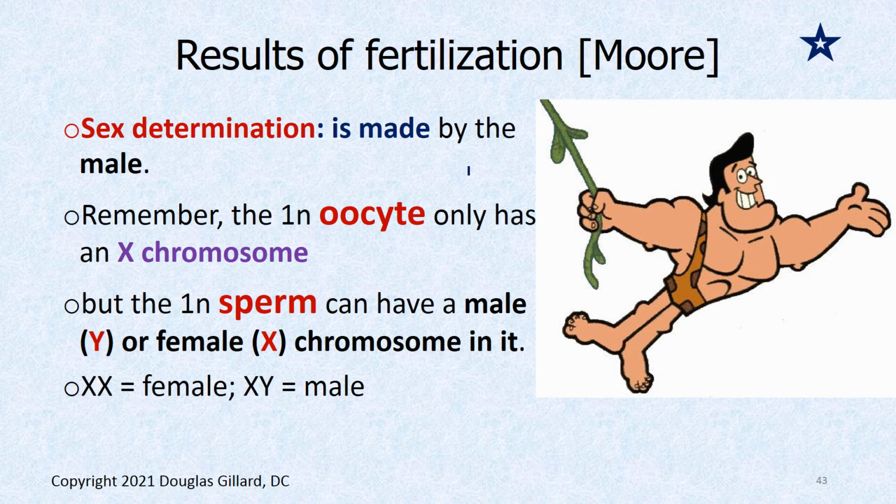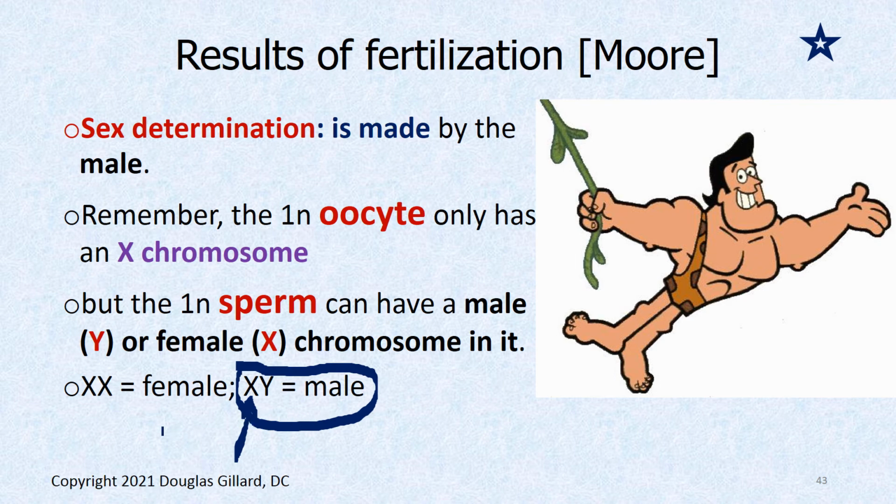Anyway, it also gives you the sex of the little human. The male determines the sex, remember, from your genetics class, which hopefully you've had before you've gotten here. The male determines the sex, because of the 46 chromosomes, or 23 pairs, one of those is the sex chromosome, and the female is always X. But the male sperm can carry an X, or it can carry a Y, so the male determines the sex.